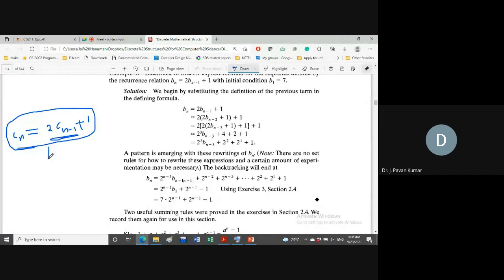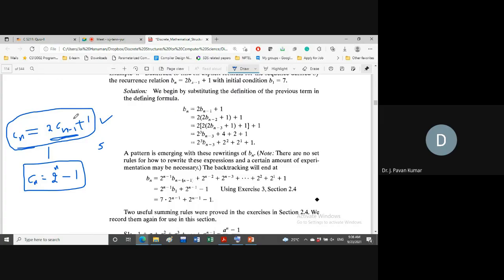Instead of having this recurrence relation, this recursive formula for the sequence, if we have the formula Cn is equal to 2 power n minus 1, this is what we obtained in the previous class for the towers of Hanoi problem. Now if I give the number of disks as 5, and you use the recursive formula, we need to find C4, then C3, then C2, then C1.